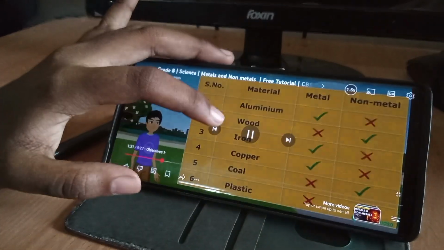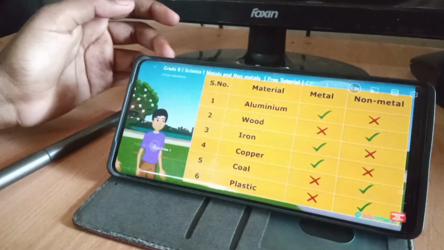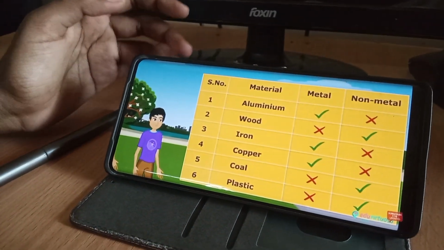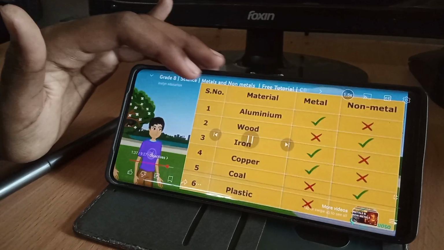Friends, we use many things in our daily lives. These are made up of metals and non-metals. We saw a boy and a girl having a conversation. A boy was flying a kite in the sky. He said to the girl that the kite was very light and he could fly it very easily.